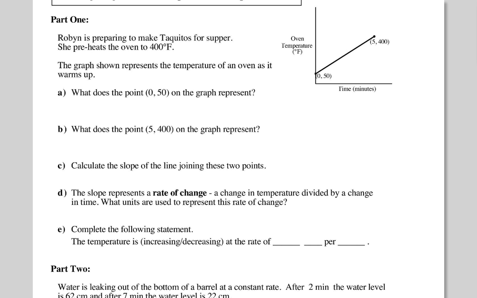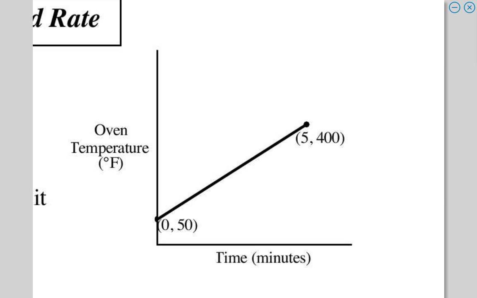Okay, so Robin here is making taquitos. That's an interesting choice. And she is going to preheat the oven to 400 degrees Fahrenheit. So if you take a look at this graph, what are they graphing? This looks like temperature versus time.